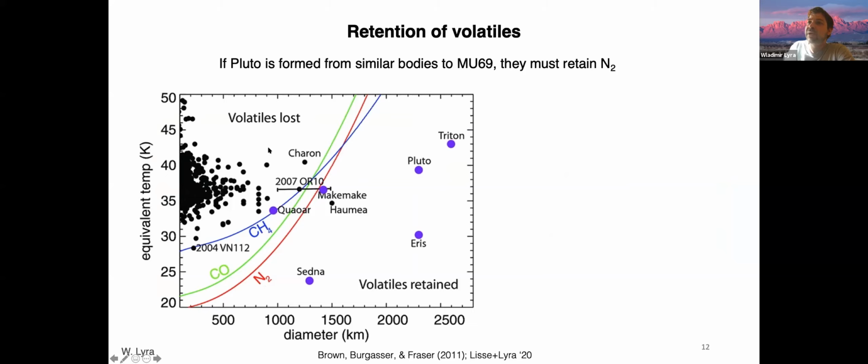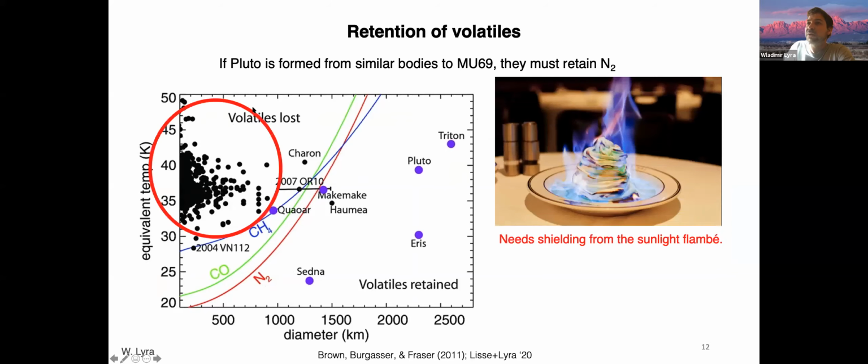So to the left side of this plot here is when you lose the volatiles, and to the right hand side of this plot here is where you keep them. So big objects like Pluto, Triton, and others can keep these hypervolatiles because they're massive, but a small body like MU69 would only maintain them if the temperature is lower, like here, like 20 Kelvin or less. So what's going on is that on this side here, these objects are being flambéed, right, by the light from the sun.